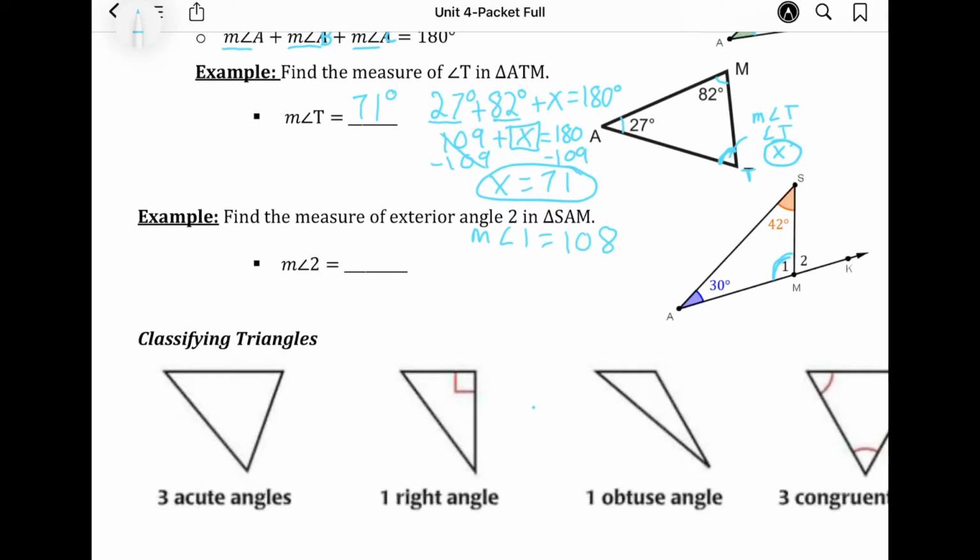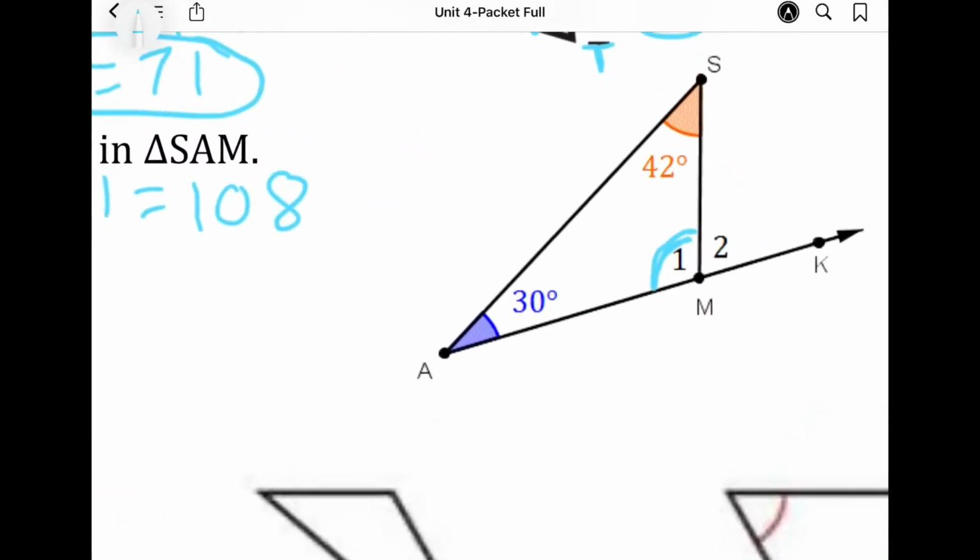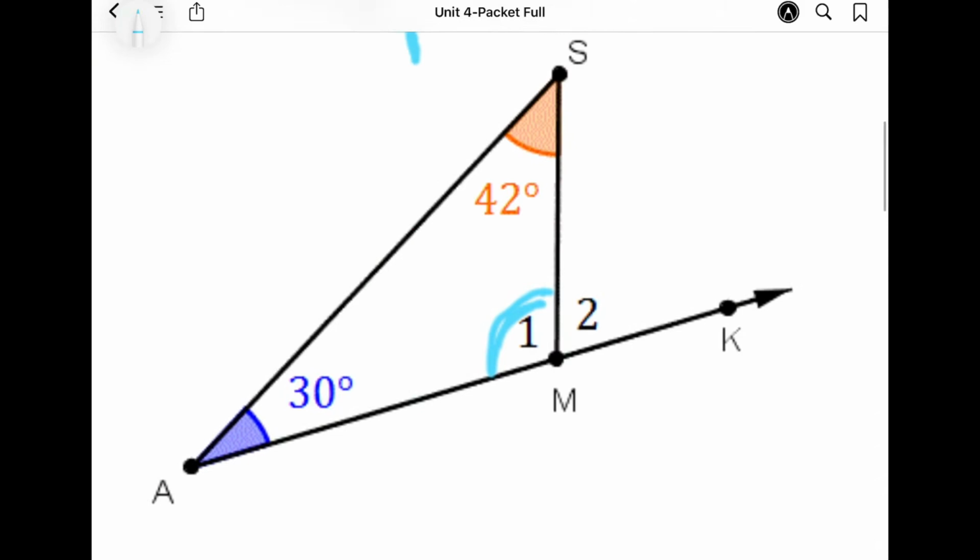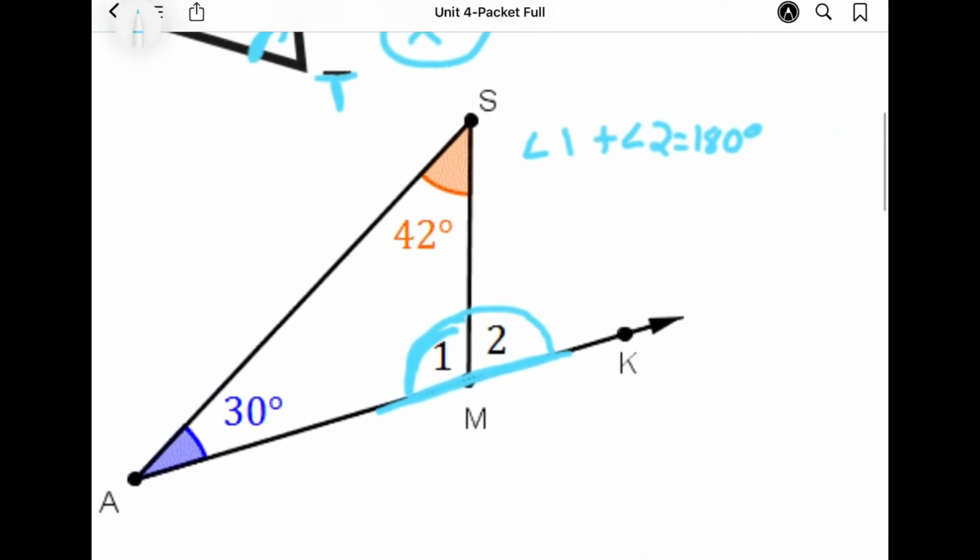Now, for this second example, it also asks us to find angle 2. Well, angle 1 plus angle 2 gives us a straight line. So angle 1 plus angle 2 is going to give us 180 degrees. So if we already know angle 1 is 108, we can also solve for angle 2.